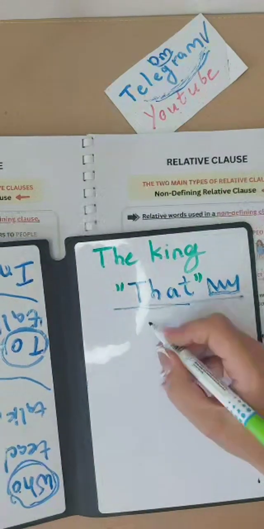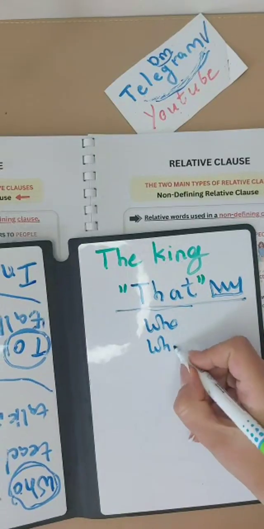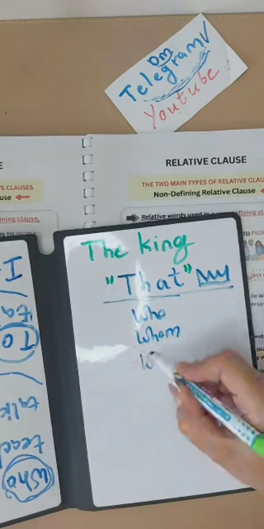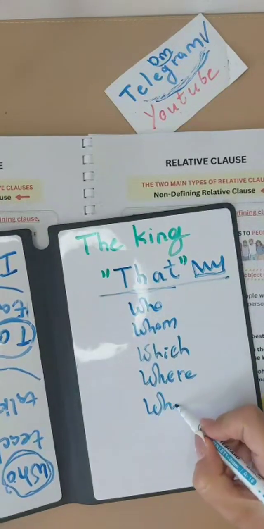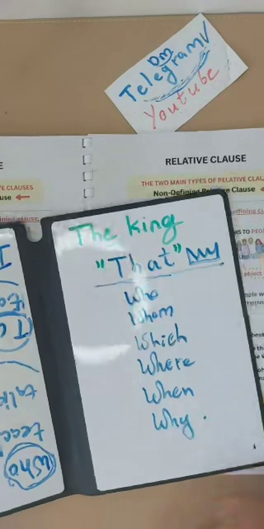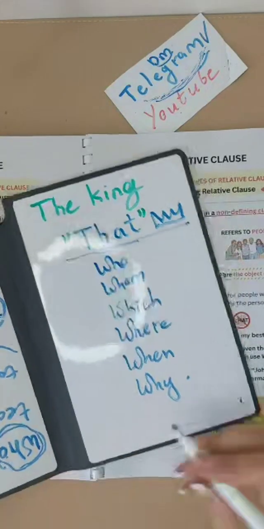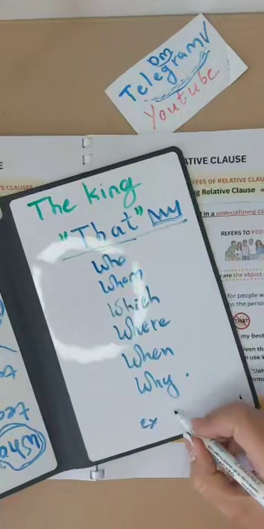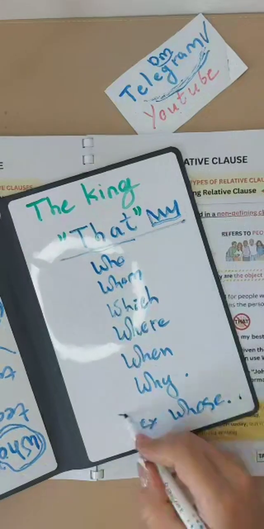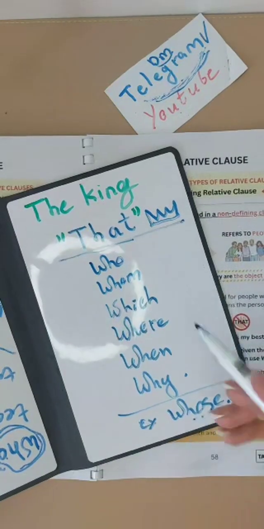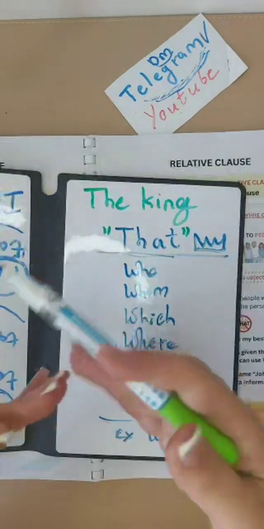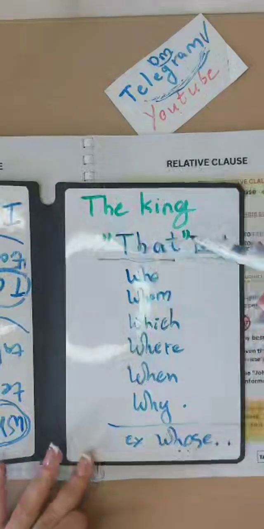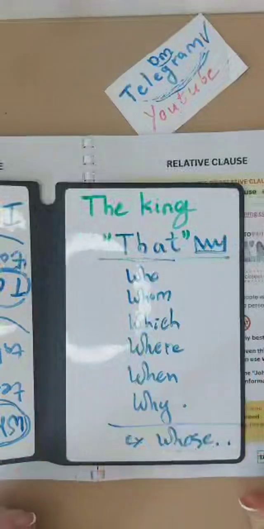We can replace who, whom, which, where, when, why, right? The exception is whose, right? We cannot replace whose with that. That's why I like to call the relative word that the king of defining relative clauses. Okay?